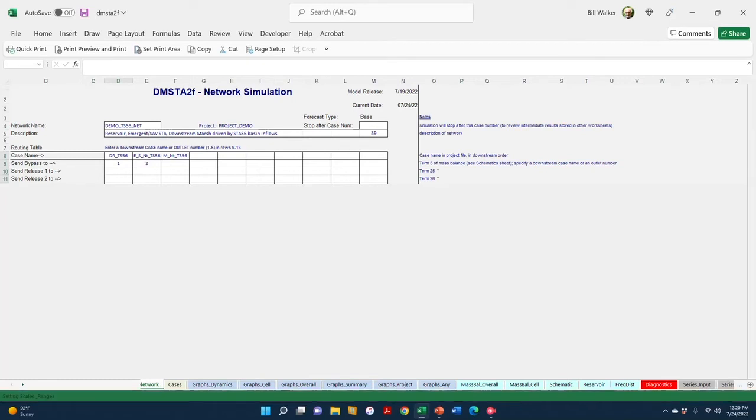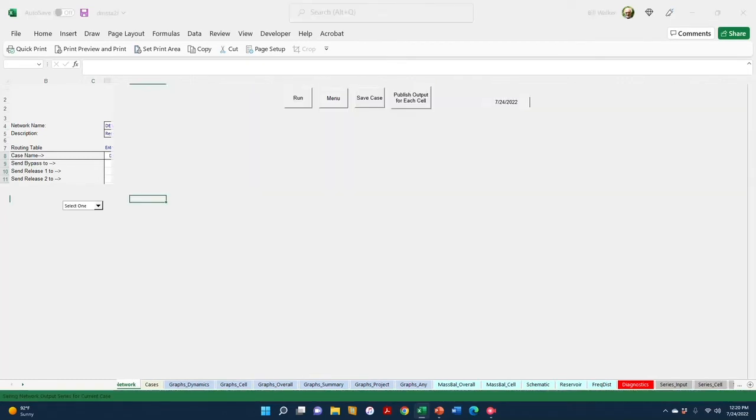So I have to run this. Every time it loads a case or a network, it blanks out all of the output rows. That's the first step.